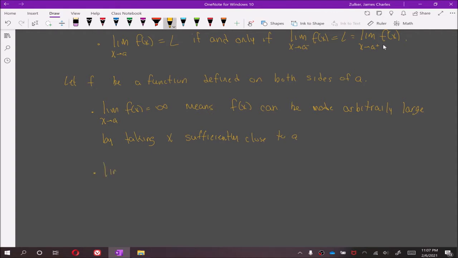We also have this one right here, negative infinity.